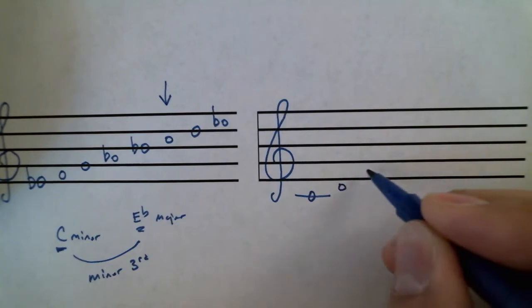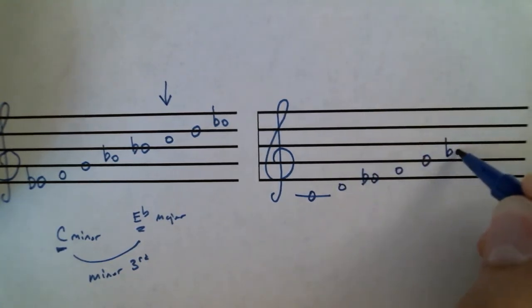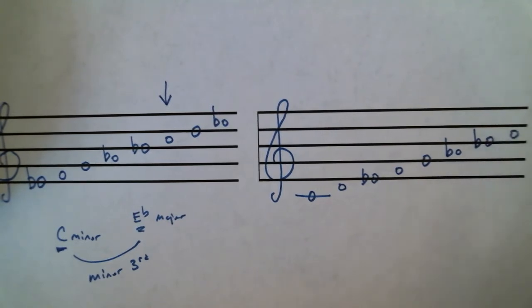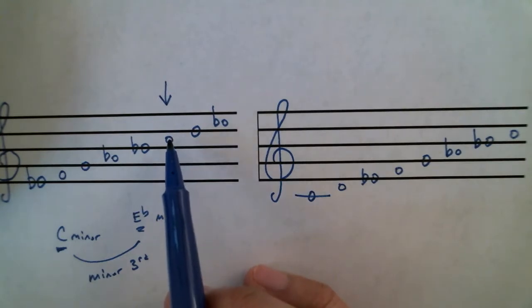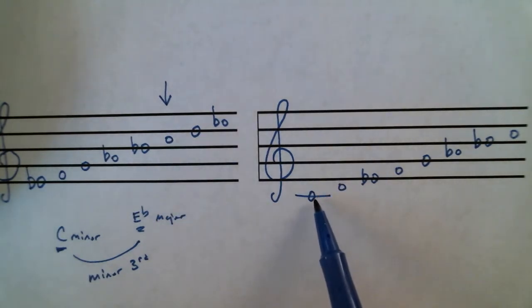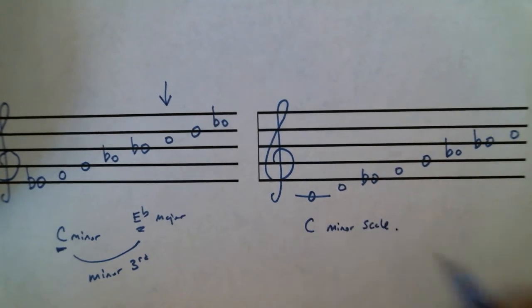So C, D, E flat, F, G, A flat, B flat, C. The only thing I did here is write the same notes of the E flat major scale, but starting not with E flat, but with C. I'm rewriting it from C to C. And what we just wrote are the notes of the C minor scale.